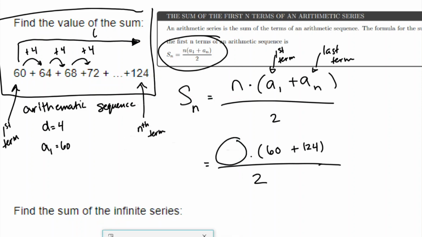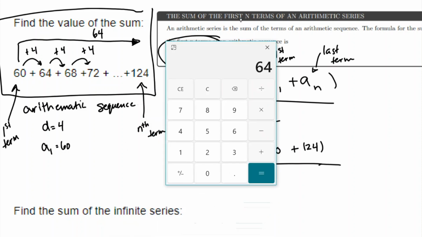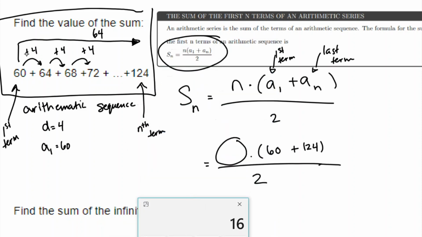That traveled 64 in all, but each jump is plus 4. So 64 divided by 4 means it jumped 16 times. We did this plus 4 16 times, so you did this 16 times of adding 4 to get to 124.